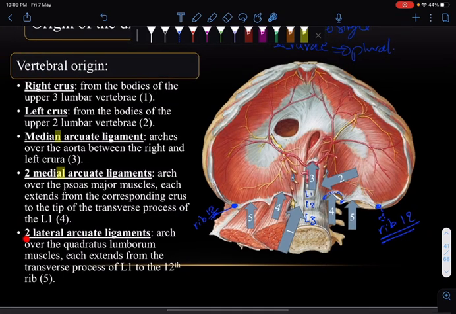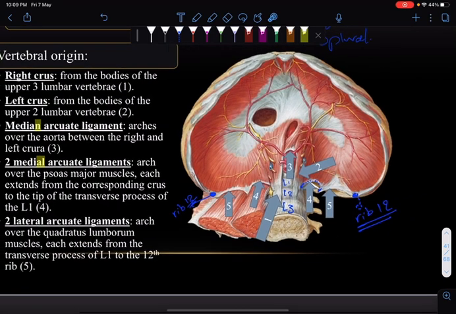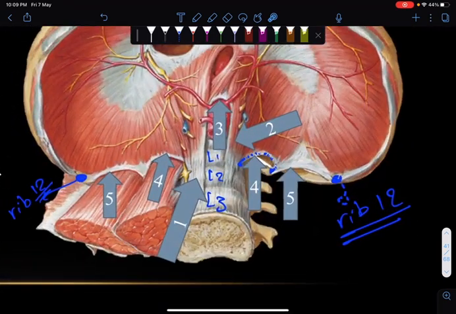And you have two lateral arcuate ligaments. Here are the lateral arcuate ligaments, and here. We start here. It extends over the quadratus lumborum. This is the quadratus lumborum, and here is also the quadratus lumborum. It extends from the transverse process of lumbar 1 towards rib number 12.